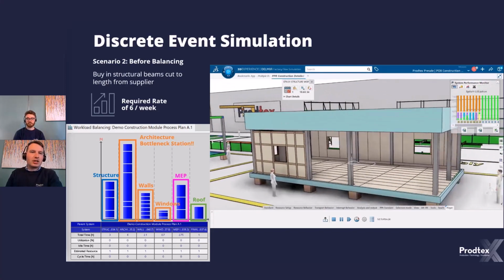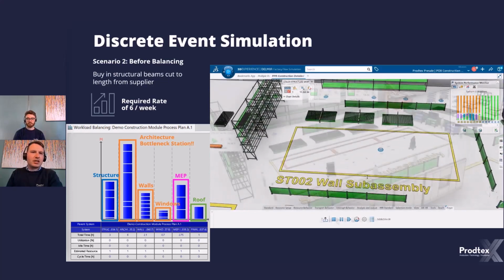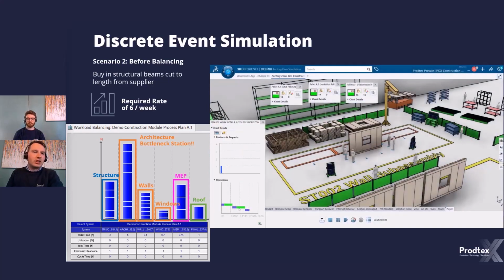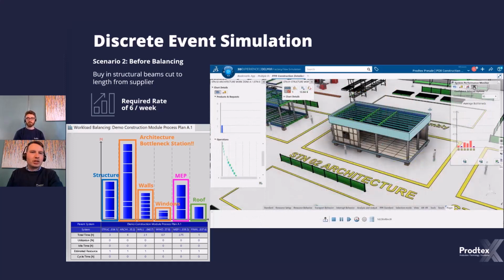We know that our architecture station is taking slightly longer, so you can see that we have moved some of our assembly off the line to produce the build-up of our plasterboard and our stud walls.